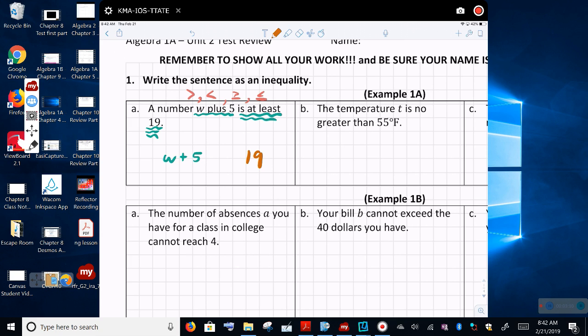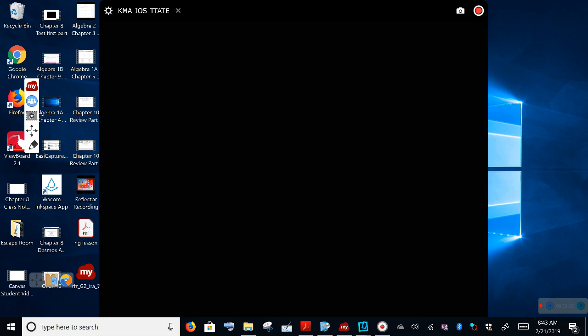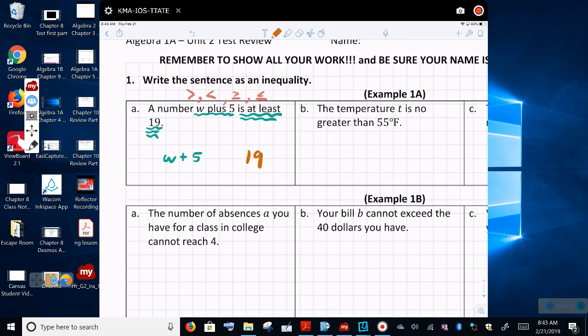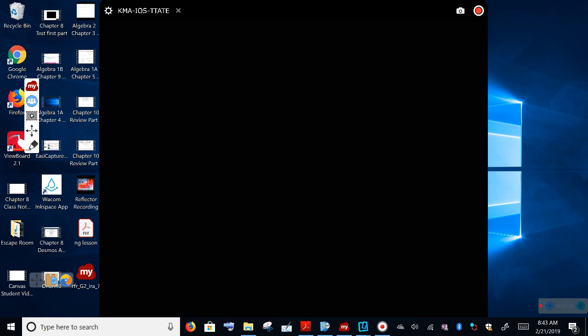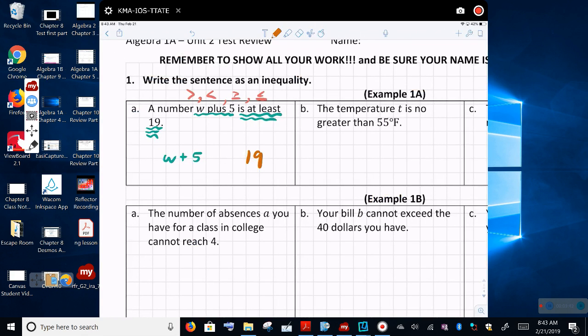Now, if W plus 5 is at least 19, some of these you have to stop for a minute and really think about it, and you can even try out some numbers to see if it's true or not. Do you think that the W plus 5 is bigger, or that 19 would be bigger?